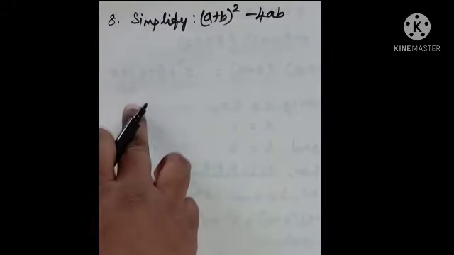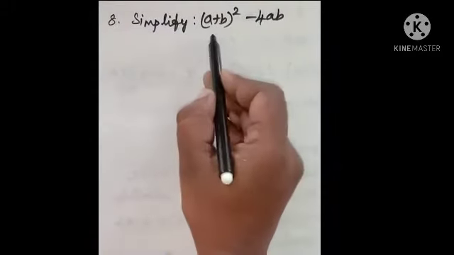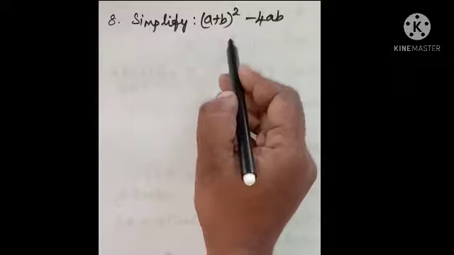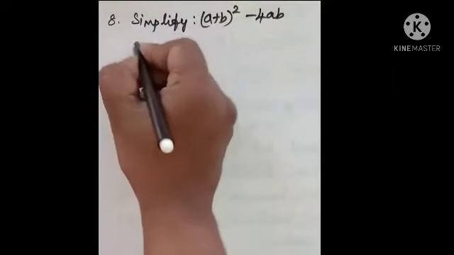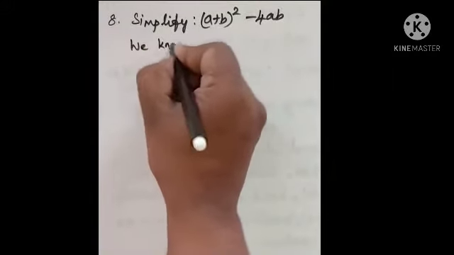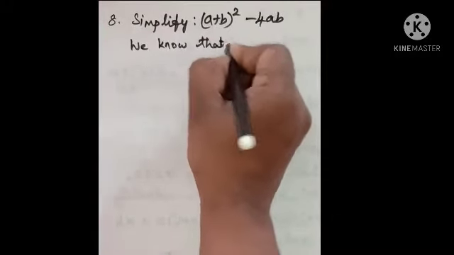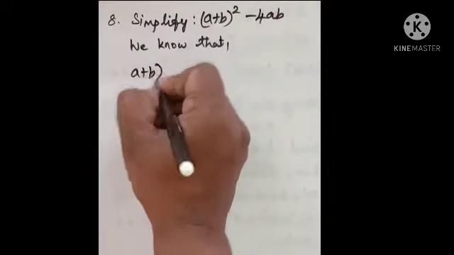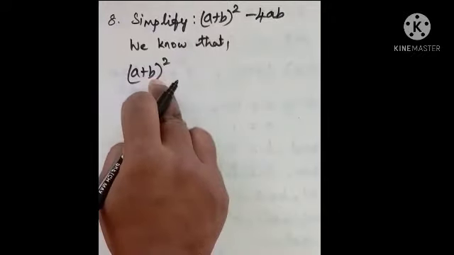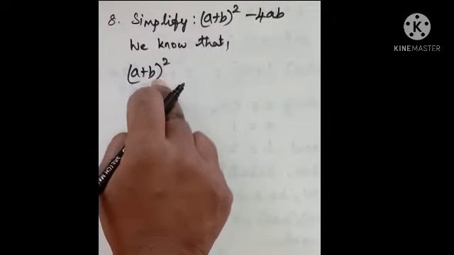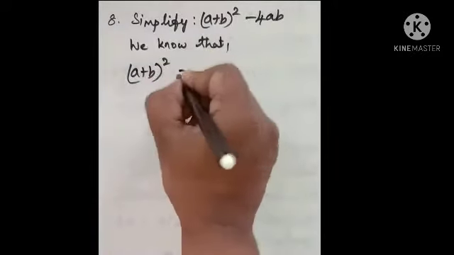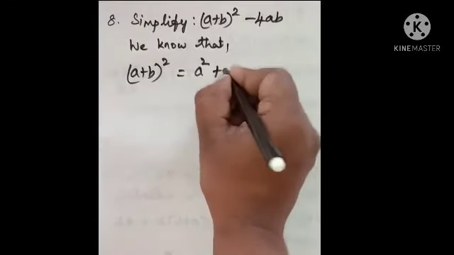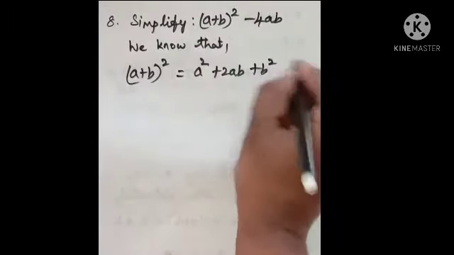Now let us see the 8th problem. Simplify (a + b)² − 4ab. Now we know that the expansion of the identity (a + b)² is a² + 2ab + b².